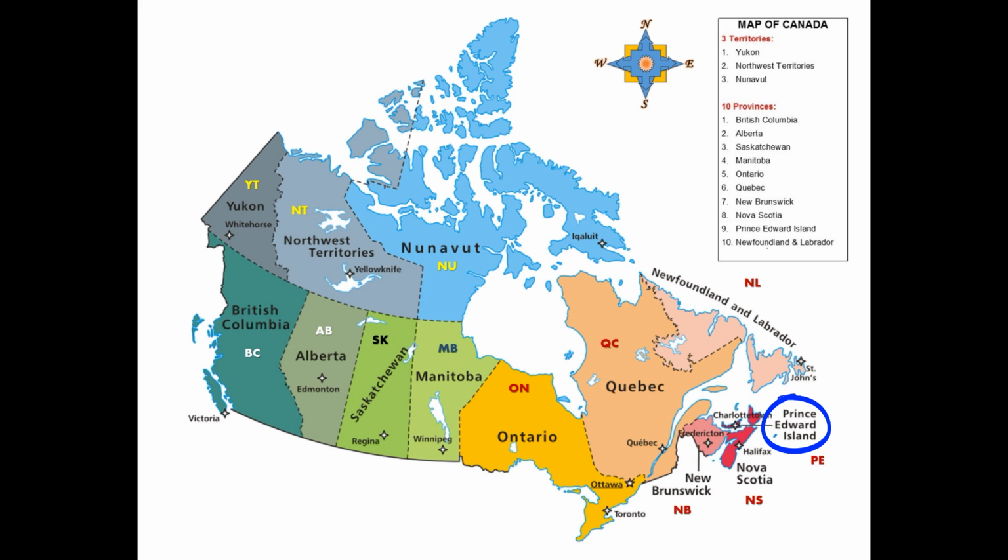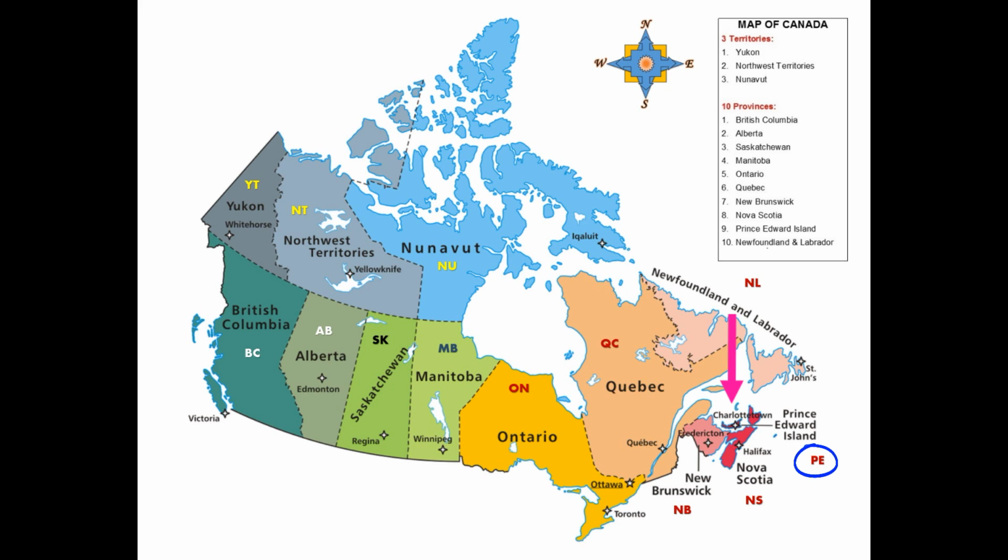The word island, the S is silent. It's not island with an S sound, it's island. So I'll link those words together one more time. Listen. Prince Edward Island. Again. Prince Edward Island. It's a beautiful province, too. The 2 letters corresponding to that province are PE.